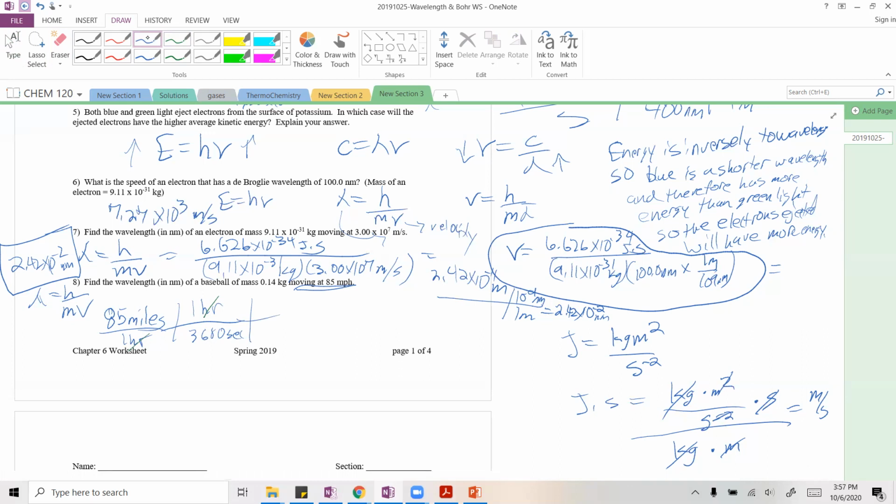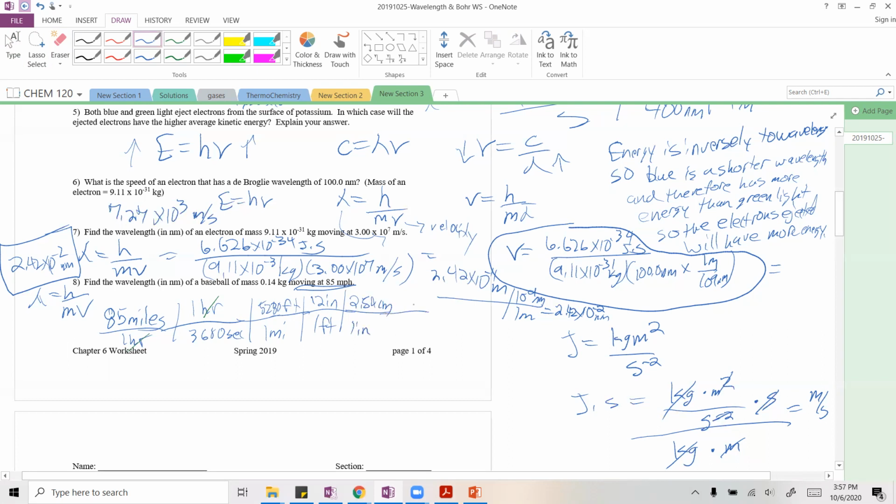So what we can do is we know how many feet there are in a mile. And so there's 5,280 feet in 1 mile. We also know that there's 12 inches inside of 1 foot. And 2.54 centimeters is 1 inch.